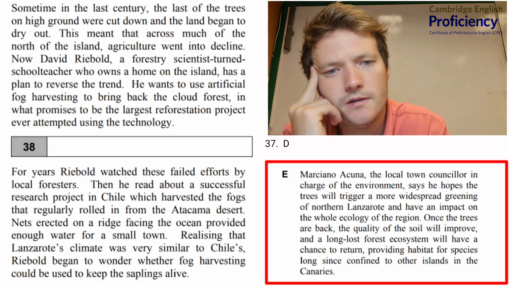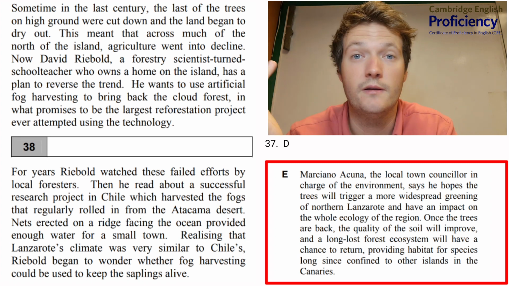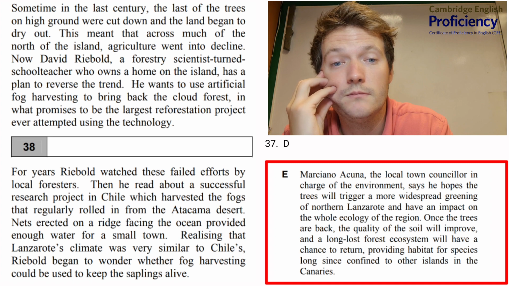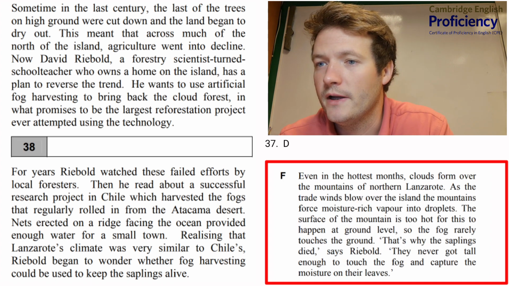It has no link to the next paragraph. We're not talking about anything that local foresters attempted to do. We're talking about the benefits of the reforestation. It's not E. Let's have a look at F.